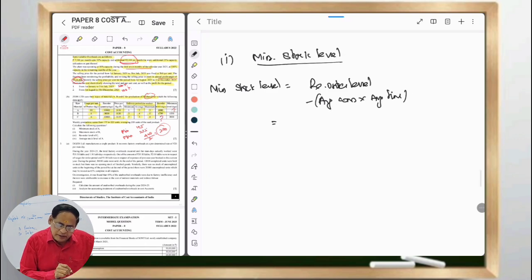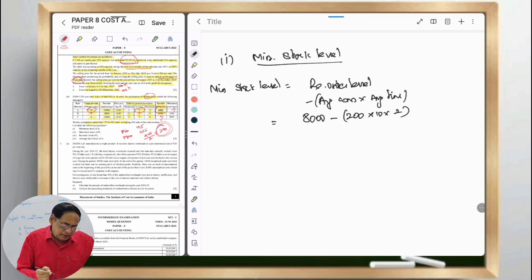Reorder level is given as 8,000 units. Average rate of consumption, which we just calculated, is 200 units for producing the product. Material A requires 10 kg. So 200 into 10, and the average period is 2.